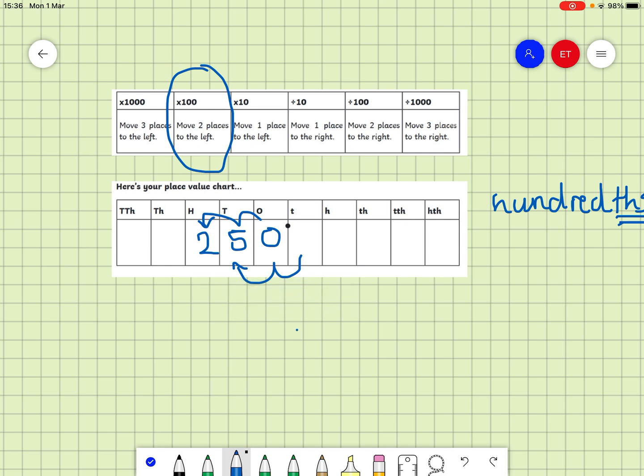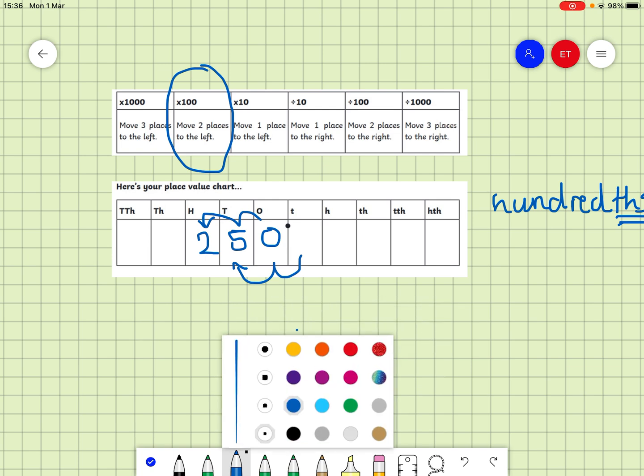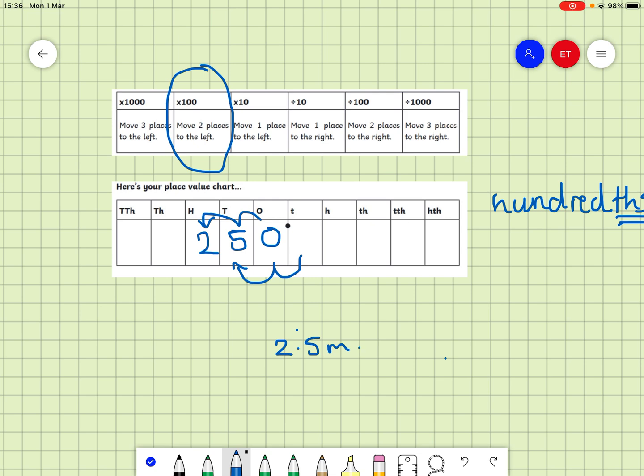So 2.5 meters equals 250 centimeters. Okay, so 2.5 meters is the same as 250 centimeters. And to get that, we simply multiplied 2.5 by 100.